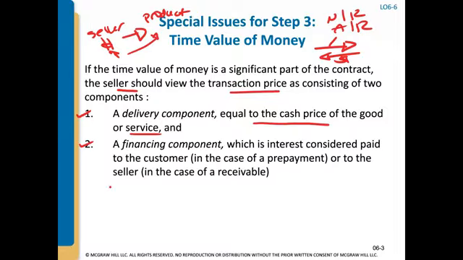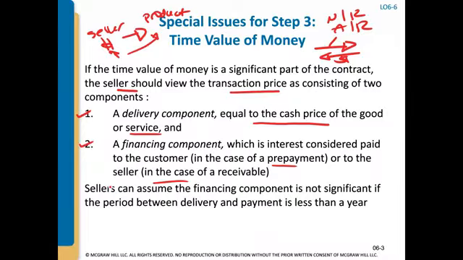And the second part is a financing component, which is interest that is considered either paid to the customer in the case of a prepayment or paid to the seller in the case of a receivable. We're going to go through an example that visits both types, the prepayment and paid in advance.